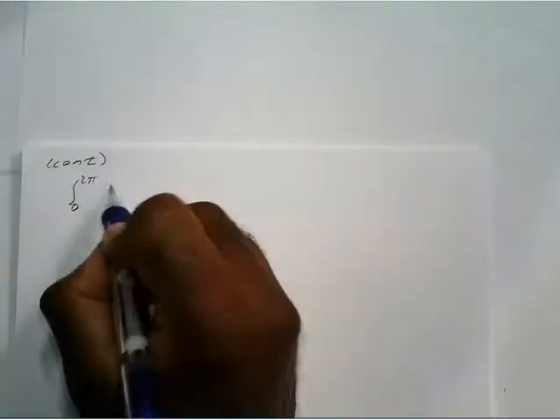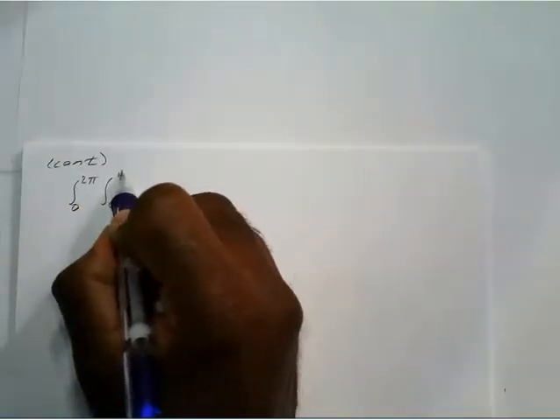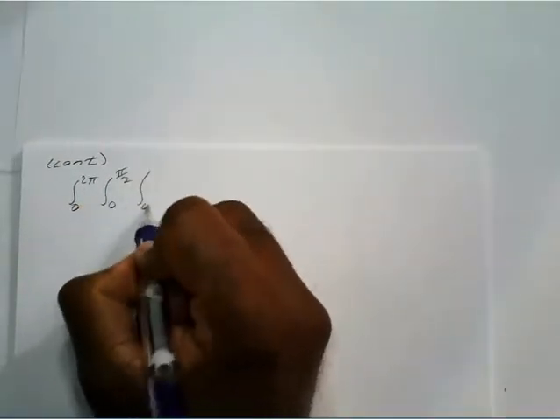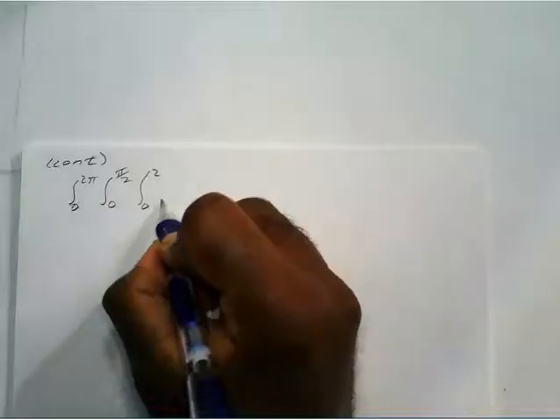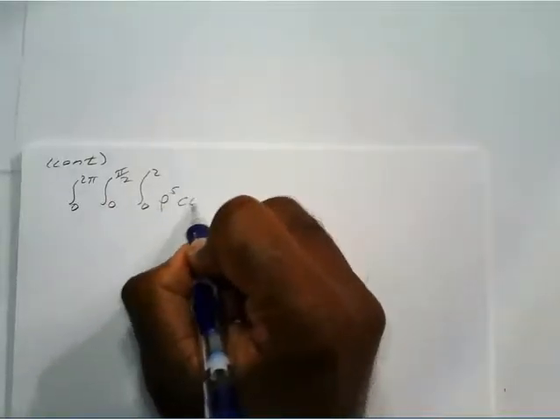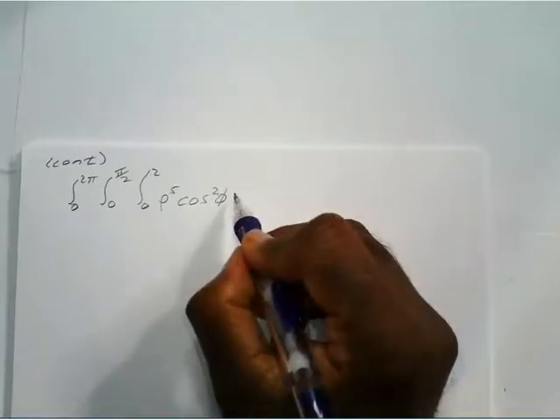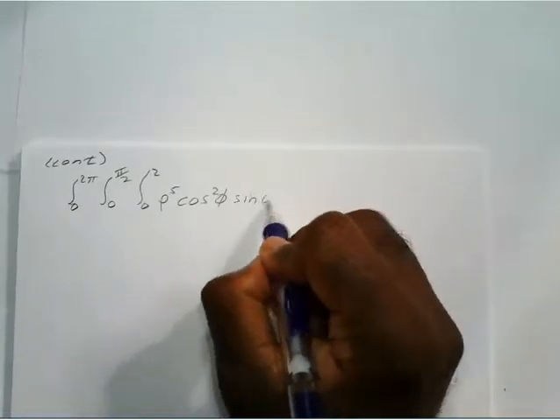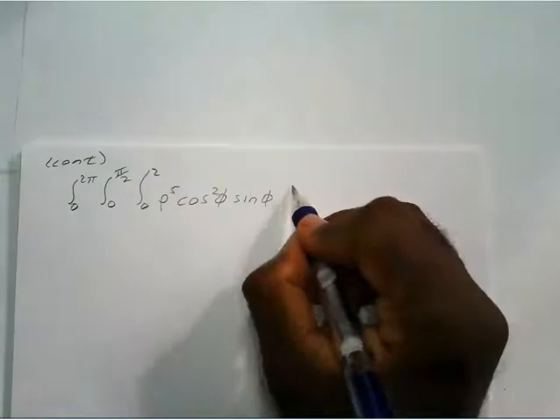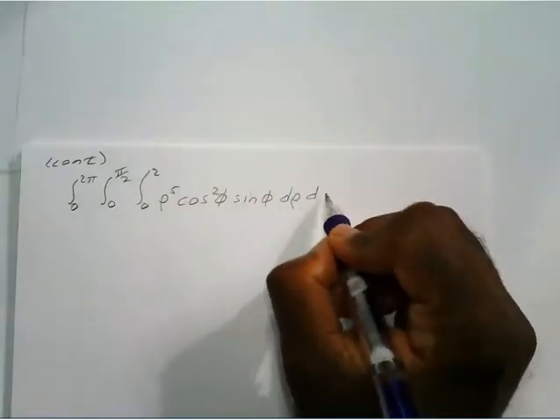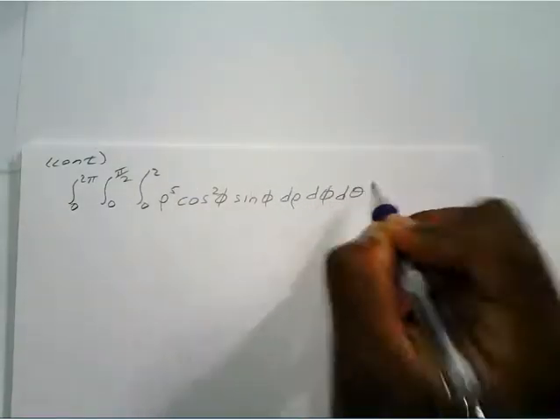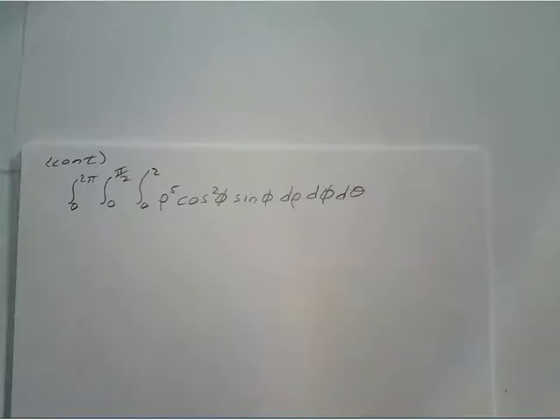So from 0 to 2 pi, 0 to pi over 2, 0 to 2, rho to the fifth power, cosine squared phi, sine of phi, with respect to rho, with respect to phi, and with respect to theta.